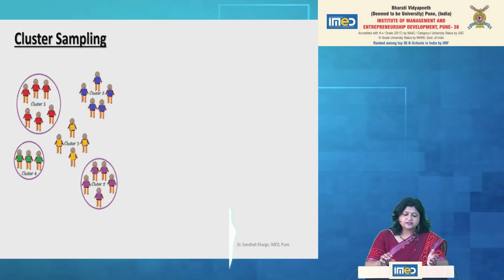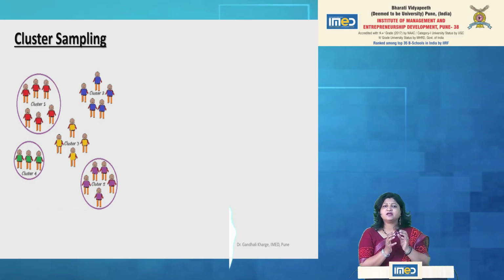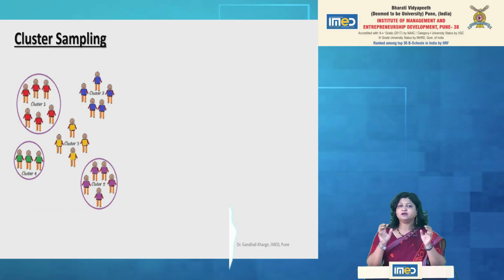Now next is cluster sampling. Cluster sampling means collectively we are having the sample but at different places. If we consider the IT sector in India, it is clustered in Pune, Bangalore, Hyderabad and Gurgaon. So these are nothing but the clusters. Suppose we want to collect data from 100 respondents of the IT sector in India.